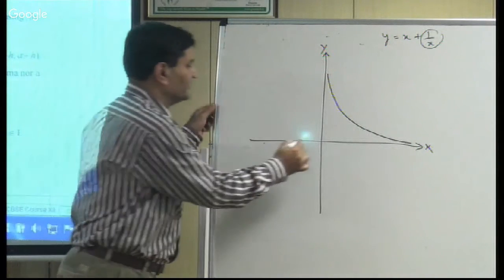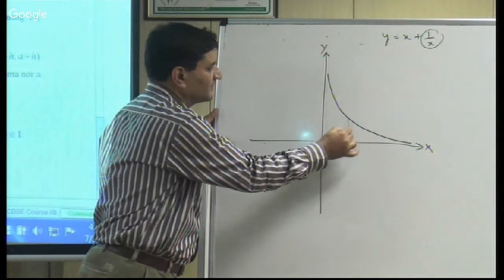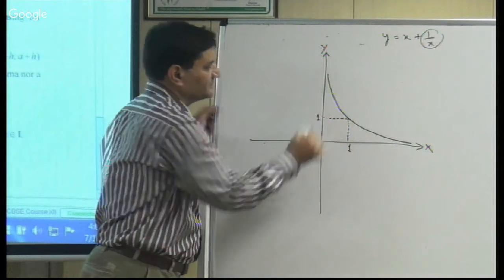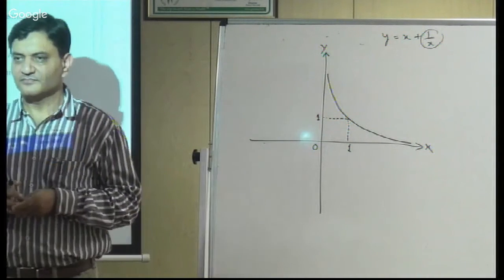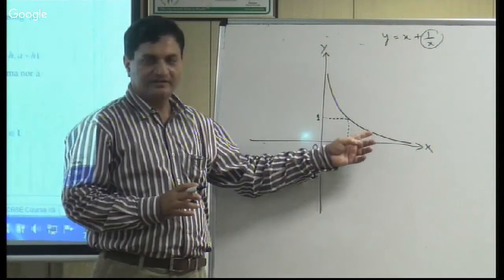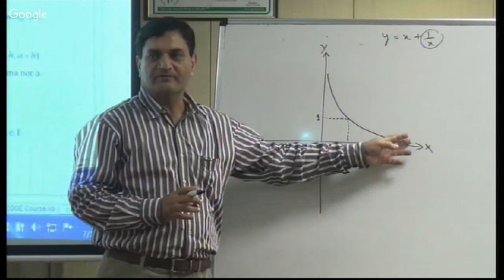This is the origin. Now, if you substitute x equal to 1, the value of y is also 1. If you substitute x equal to 2, the value is half. When x is 3, the value is 1 by 3. When x is 10, the value is 0.1, 1 by 10.